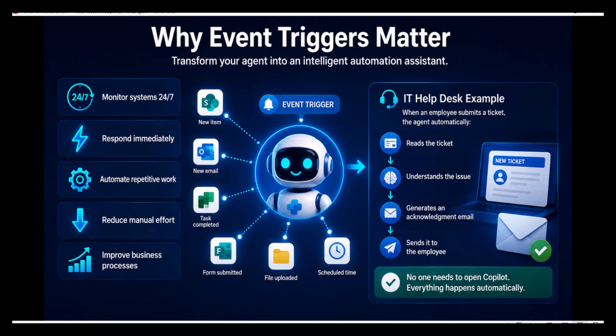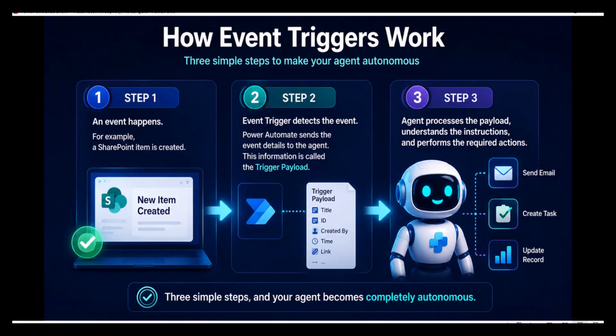Whenever an employee submits a ticket, the agent immediately reads the ticket, understands the issue, generates an acknowledgement email, and sends it to the employee. No need to open Copilot Studio. Everything happens automatically.